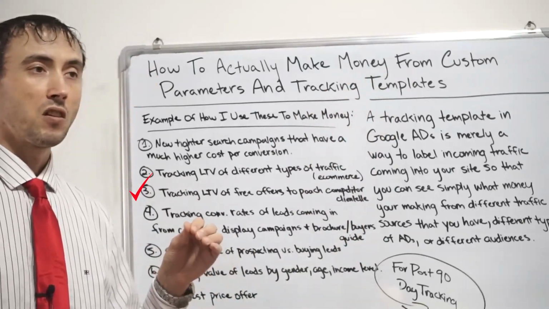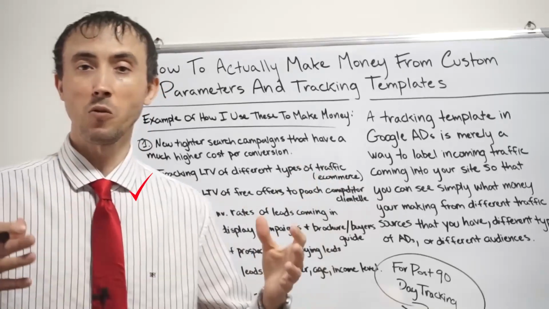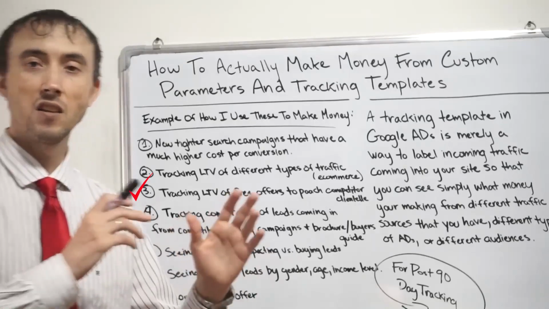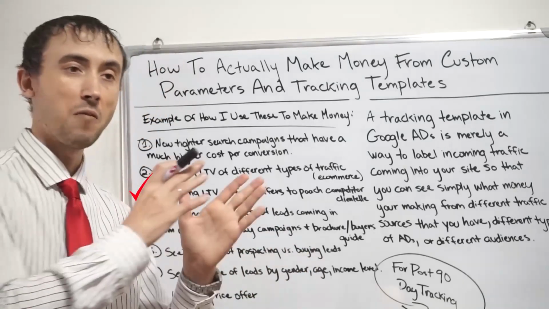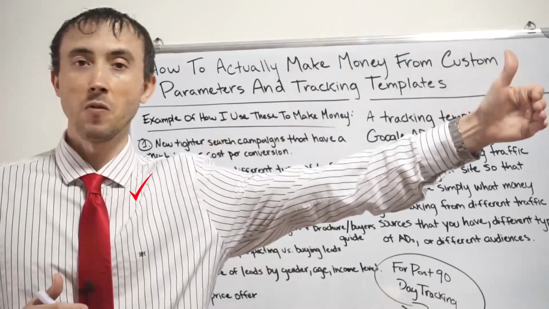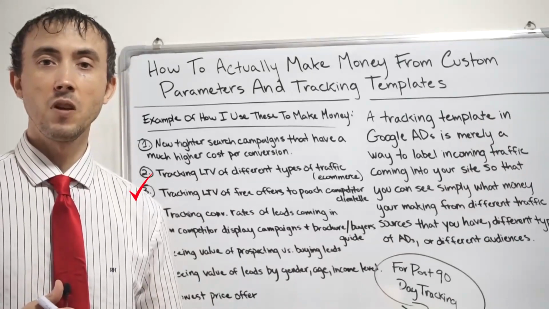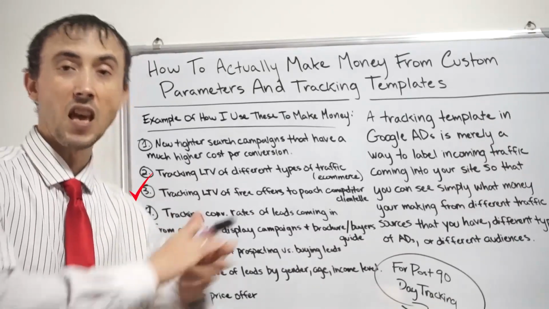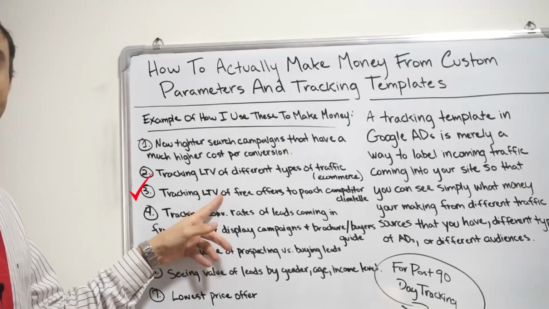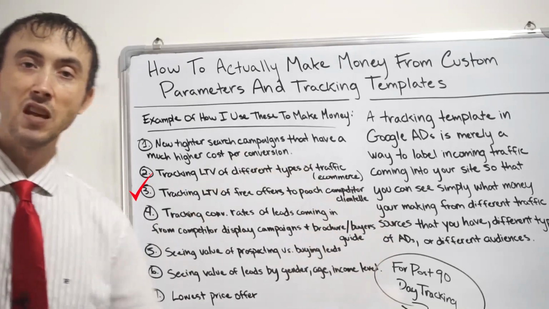But you don't have to fear doing it and wonder if you're throwing your money out the window. You could set up a tracking template to track whether or not somebody came from a competing audience, and then value them over their lifetime value, having known if they came from a competing audience or not. So that's one additional example of how you can use tracking templates to make more money with PPC ads on Google.